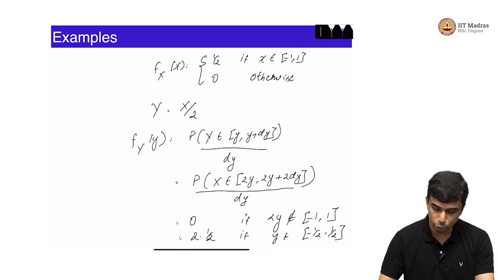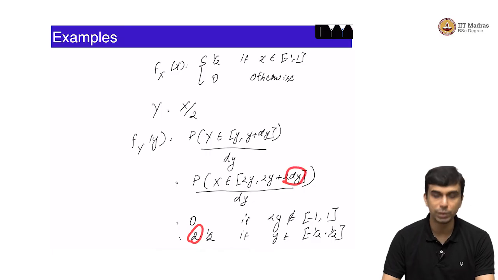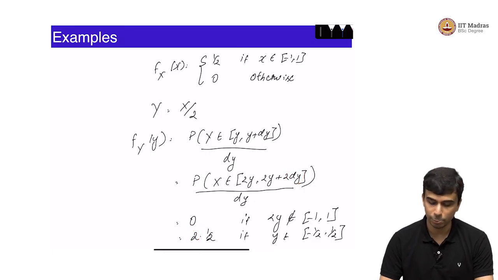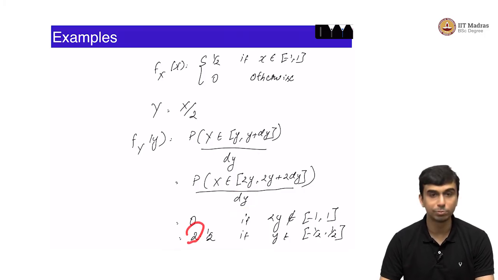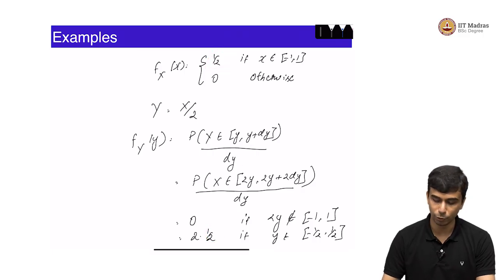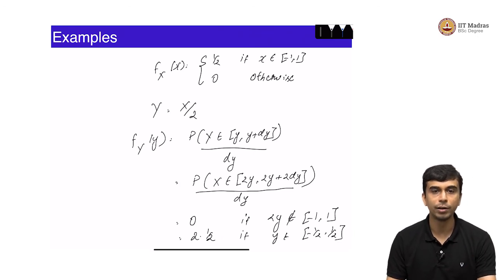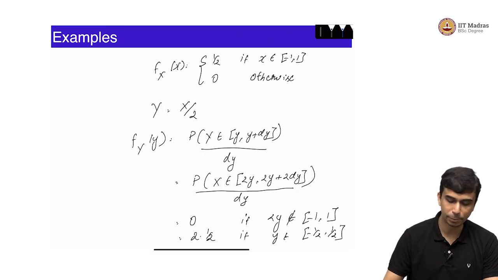Why are you getting a 2 here? This half is simply because of the consequence of fx of x. This 2 is a consequence of 2 dy. So, this is the probability of x belonging to 2y to 2y plus 2 dy, divided by dy, which is equal to 2 times half, which is equal to 1. So the density of y is equal to 1 in the range of -half to half and 0 otherwise. It is a very simple example.